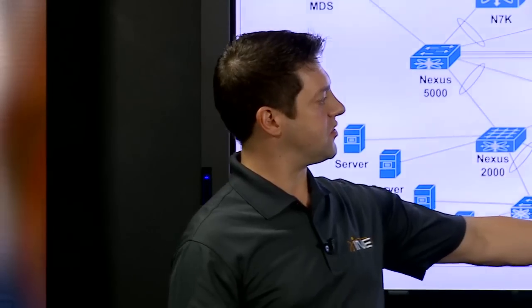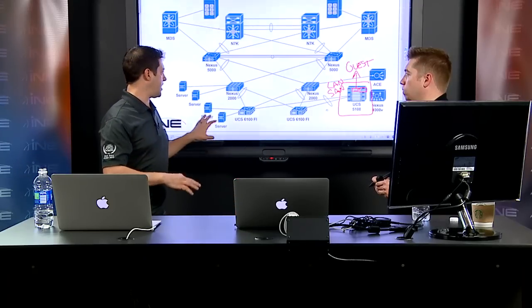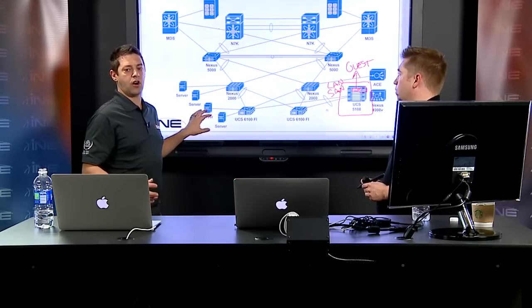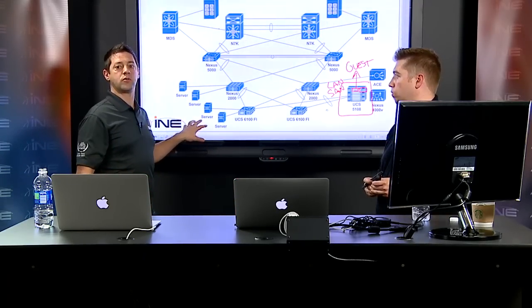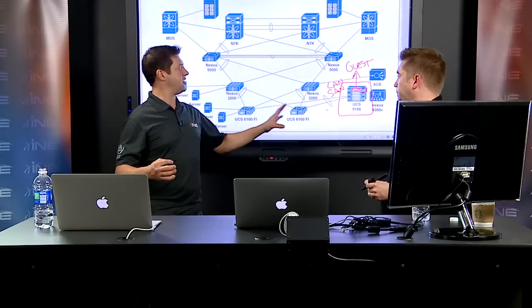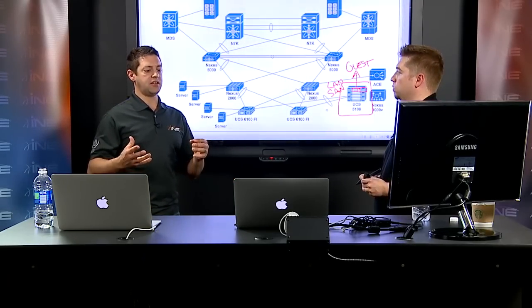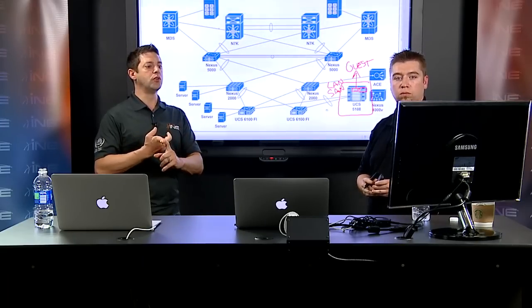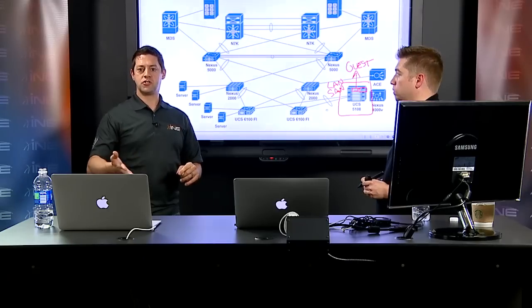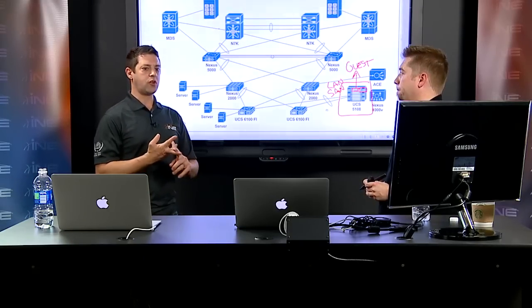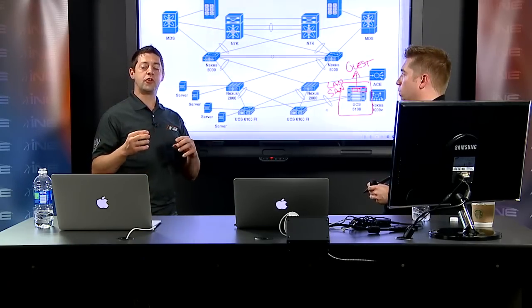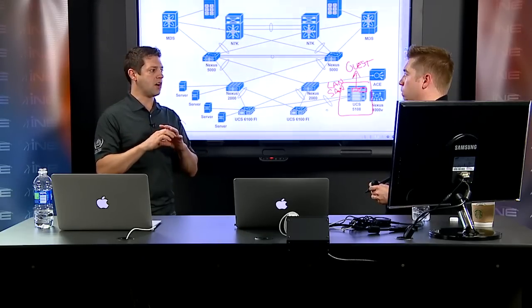So the idea of a server becomes completely abstracted from the traditional idea of a hardware rack mount server, where the idea of a server is really now something called a service profile, and we create pools of MAC addresses and pools of worldwide port names for storage, for fiber channel. We assign those to virtual NICs and virtual HBAs.